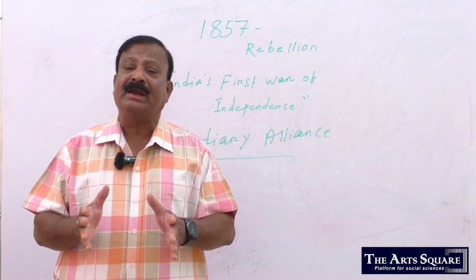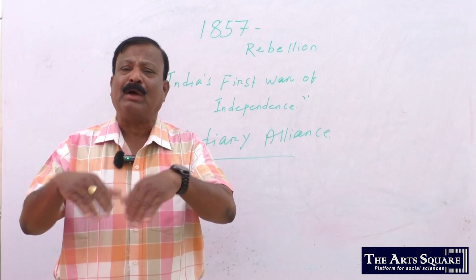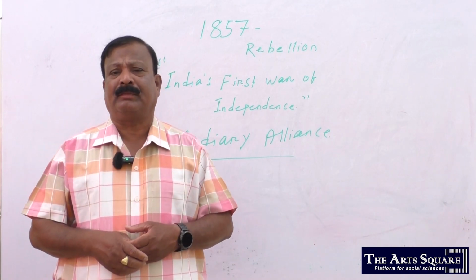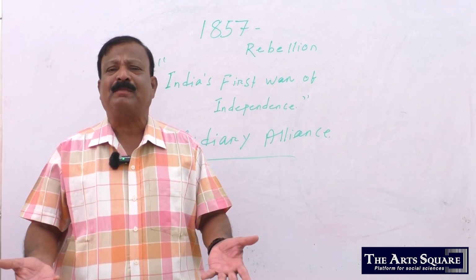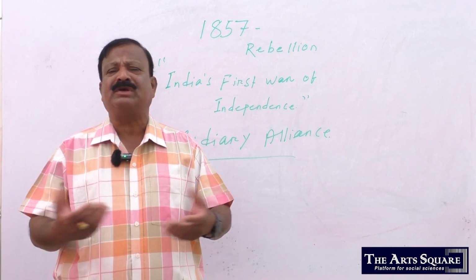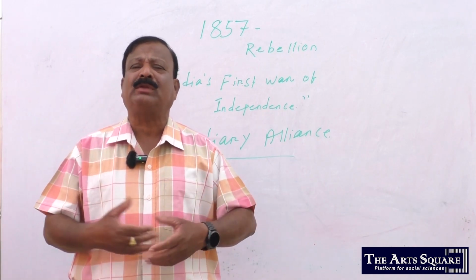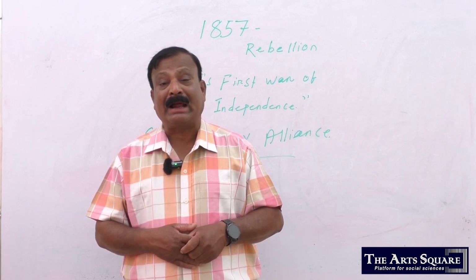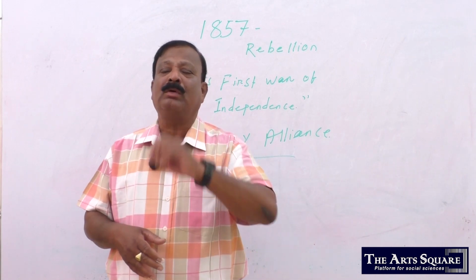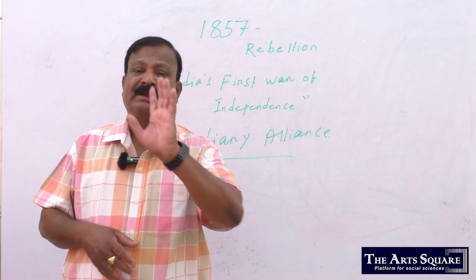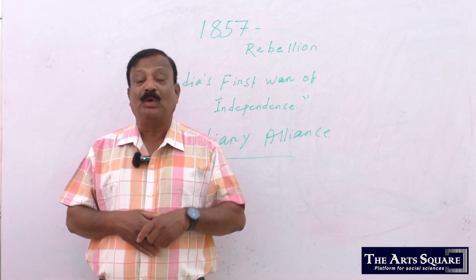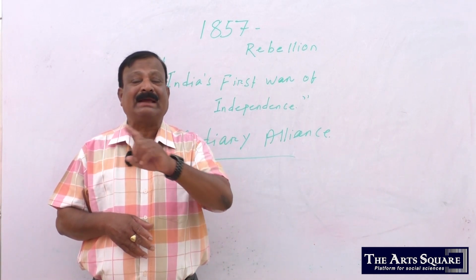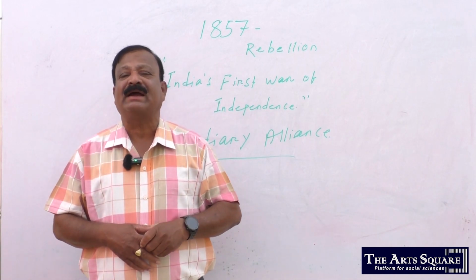Lord Wellesley knew very well, if I fight with the strong king, where is my soldier? There is no soldier. So how can I fight with the strong king? Rather, I must make friendship with him. Without friendship, I cannot take away his kingdom.